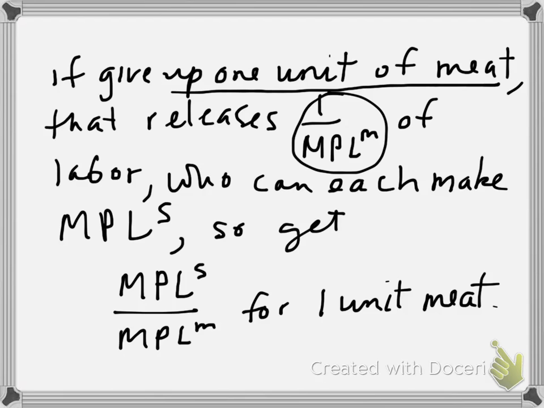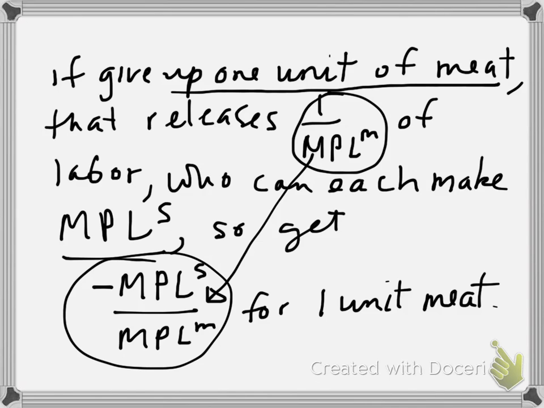So that 1 over MPLM, the amount of labor that was used to make 1 unit of meat, can go over and make soy, at the marginal product of labor in soy, MPLS. So the amount of soy you'd get is MPLS times how much labor you have, and how much labor you have is 1 over MPLM. So the ratio is how much soy you get for 1 unit of meat.